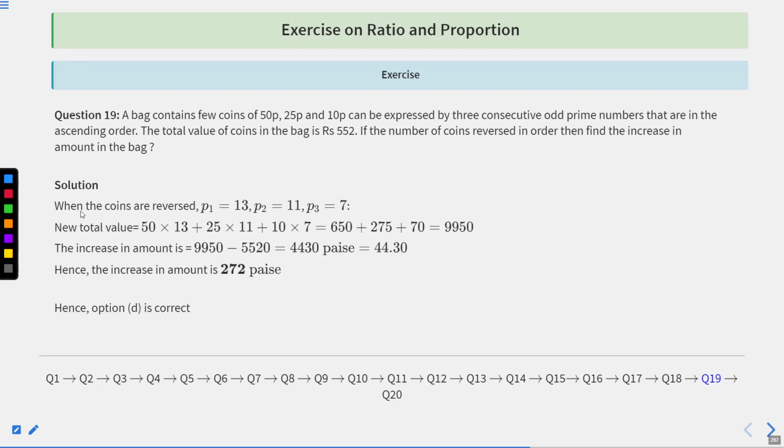So when the coins are reversed, P1 equal to 13, P2 equal to 11 and P3 equal to 7. So the new total value will be 50 into 13 plus 25 into 11 plus 10 into 7, that is equal to 9950. So the increase in amount will be 9950 minus 5520, and that is equal to 4430. Hence the increase in amount is 272 paise. So correct option here is option D.